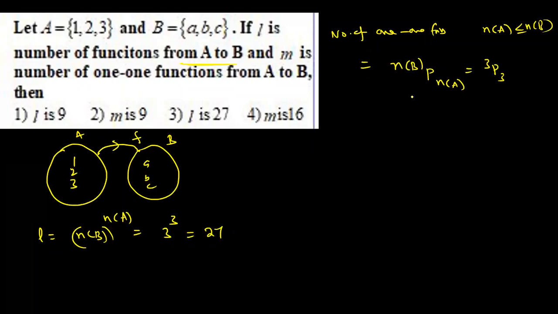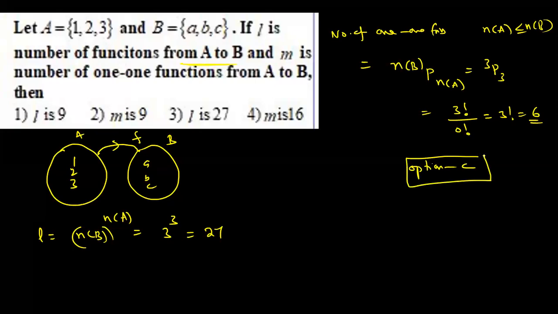What is the answer coming? 3P3 means 3 factorial, that is 6. So the option is C. C is the correct answer.